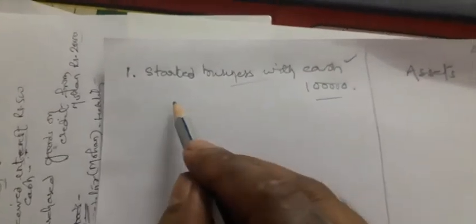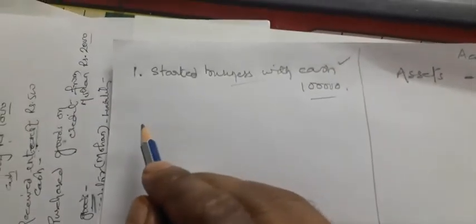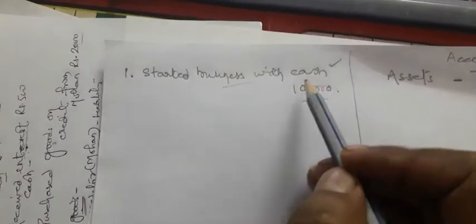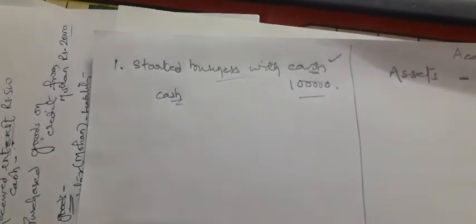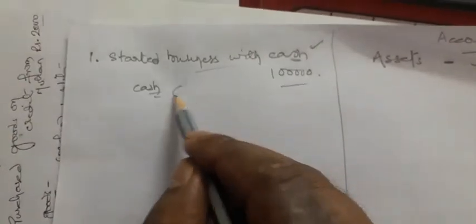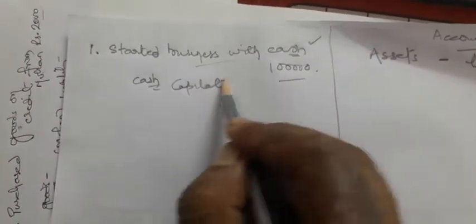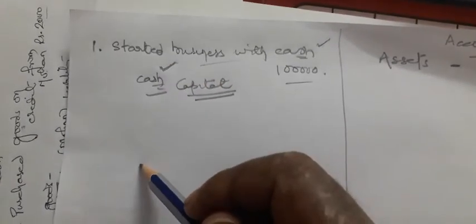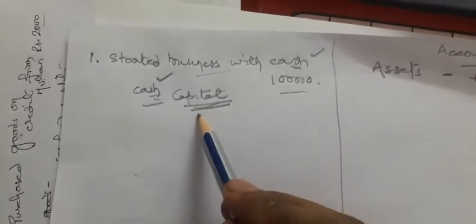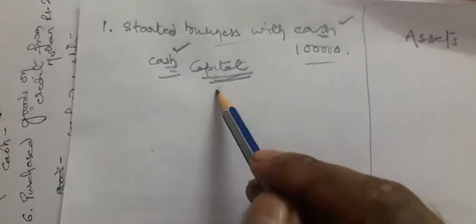Cash is coming in the business when the business is started, and the owner is investing cash in the business. The other aspect is capital. The cash that is invested in the business is known as capital. So two aspects are cash and capital. Cash is an asset, whereas capital is a liability of the business.